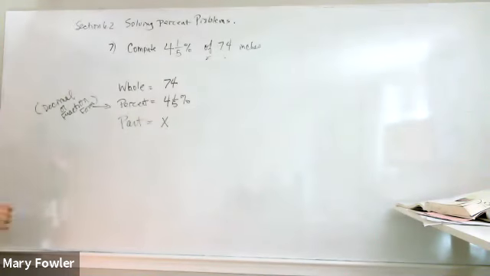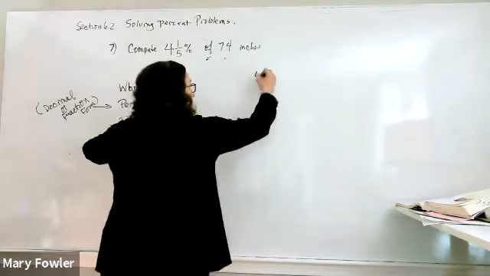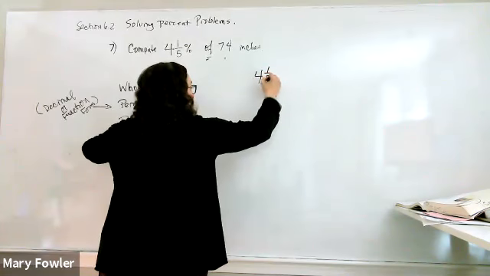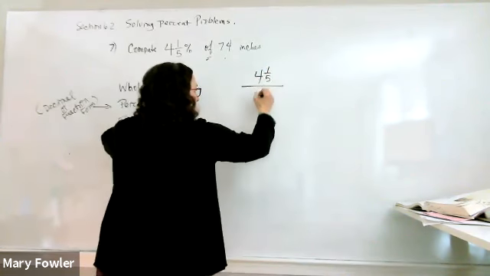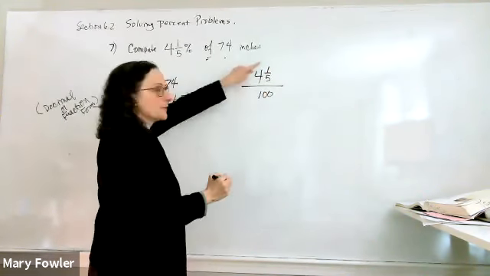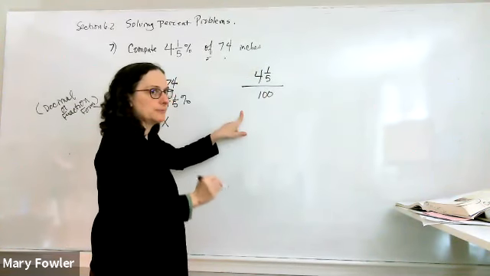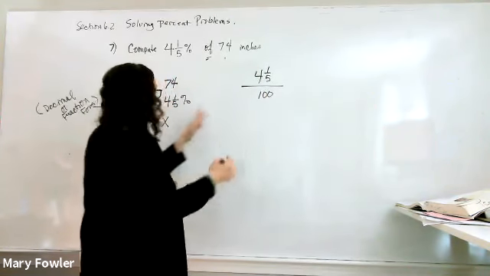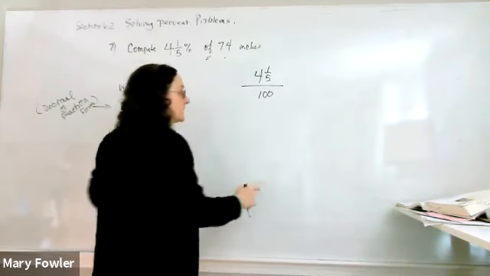So 4 1/5%. So it's 4 1/5 divided by 100, because that's what the percent stands for. You divide by 100. That's what it means.